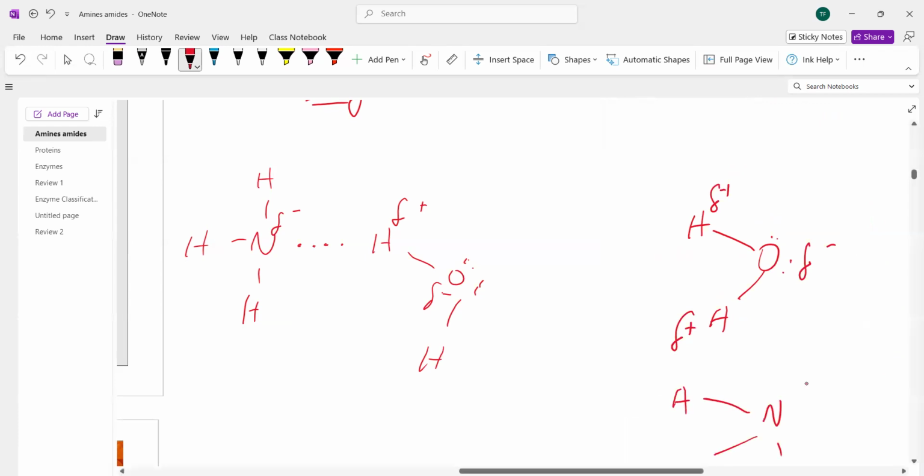With nitrogen compounds, we have something similar. That nitrogen is partially negative. The hydrogen is going to be partially positive. So things that are soluble in water are also soluble in ammonia for the same reason. Strong intermolecular forces. Boiling point for water is high. Boiling point for ammonia is also high.